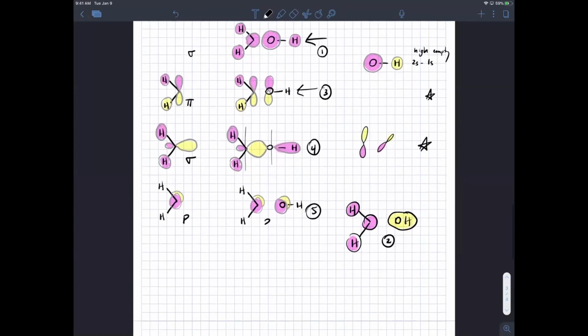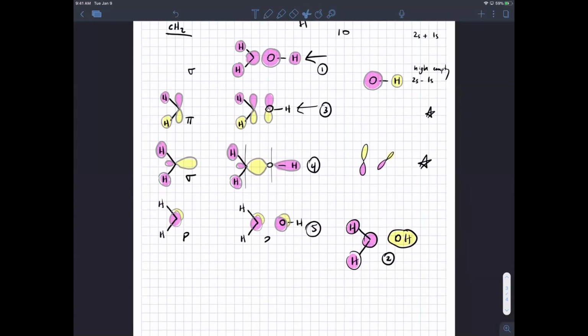Okay, in that case, we've got to deal with the out of phase version of this.